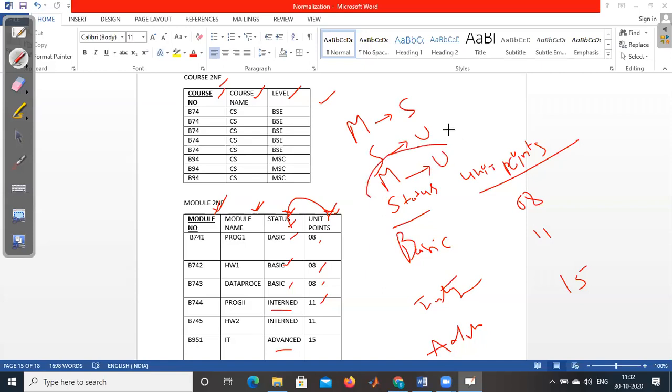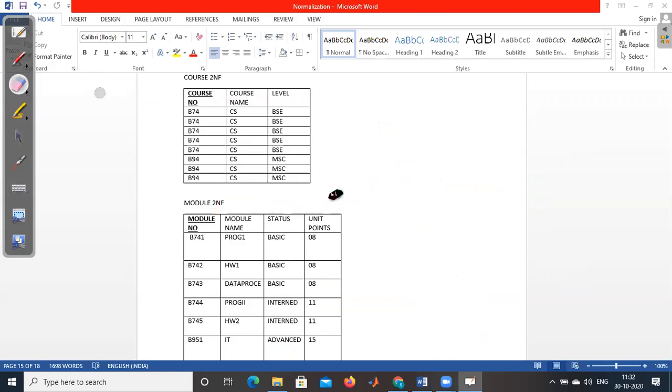So it is having a transitive dependency. We should avoid the transitive dependency. So in order to avoid the transitive dependency, this table has to be decomposed.